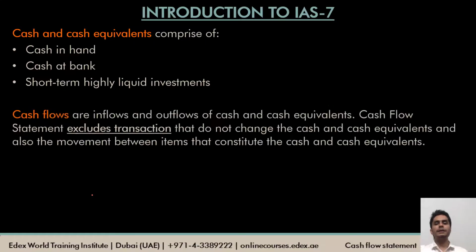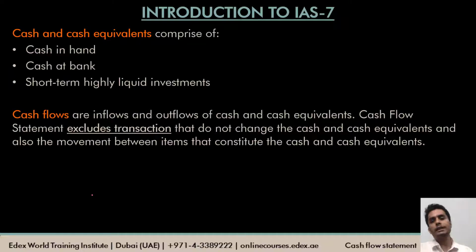The next term is cash flows. Cash flows refers to the inflows and outflows of cash and cash equivalents. So any of these components of cash and cash equivalents, if they change due to either cash inflows or cash outflows, in the statement of cash flows we are supposed to present all these sources of cash inflows and outflows.